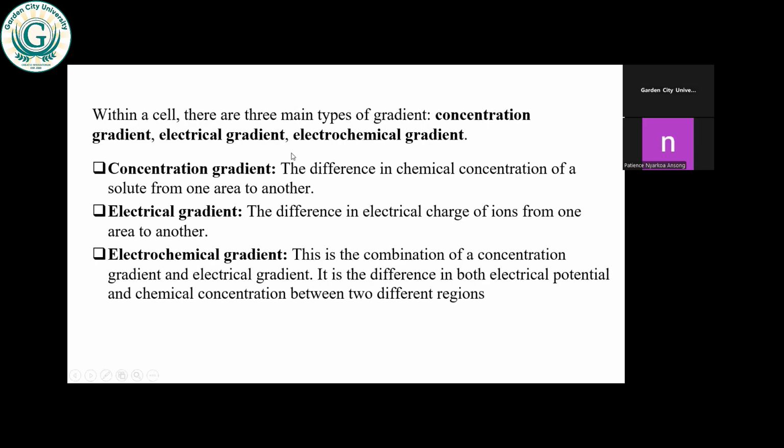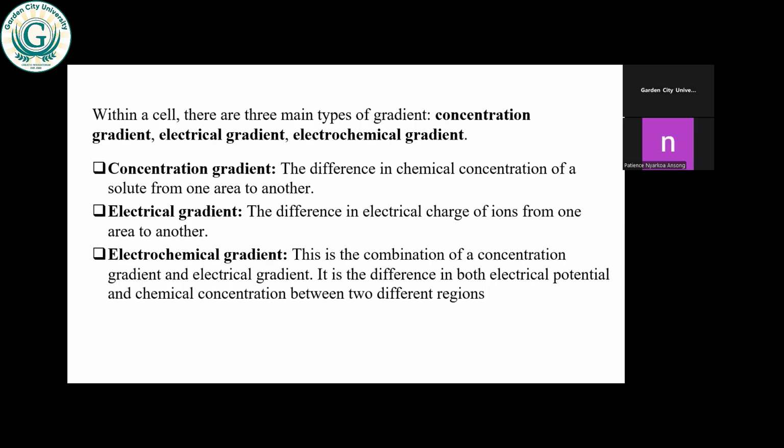So within a cell, there are three main types of gradients. You can talk of concentration gradient, electrical gradient, and electrochemical gradient. Concentration is focused on the chemical concentration of solutes. Chemical meaning, for example, the number of molecules there. Still using glucose as an example, if you take the extracellular fluid, you have, let's say, 10 molecules of glucose.